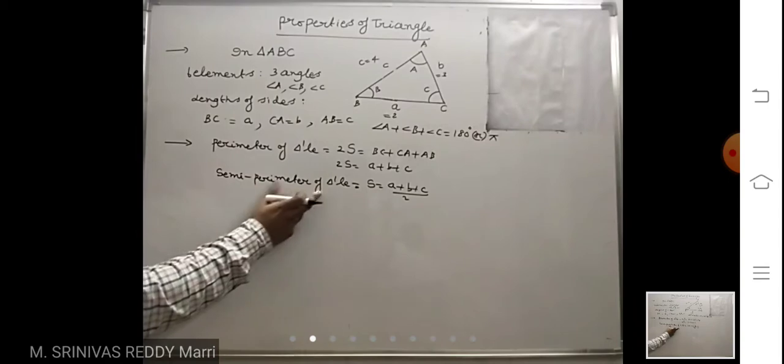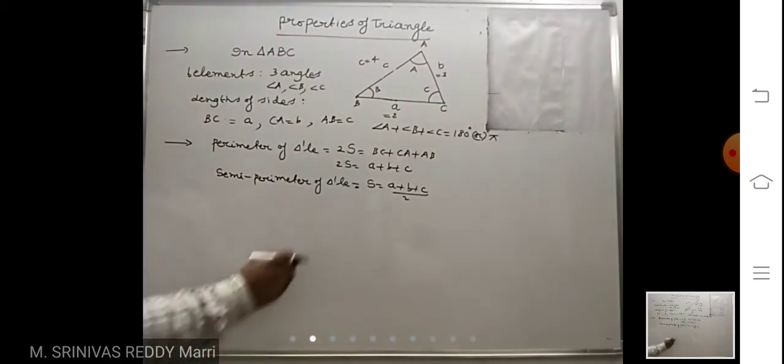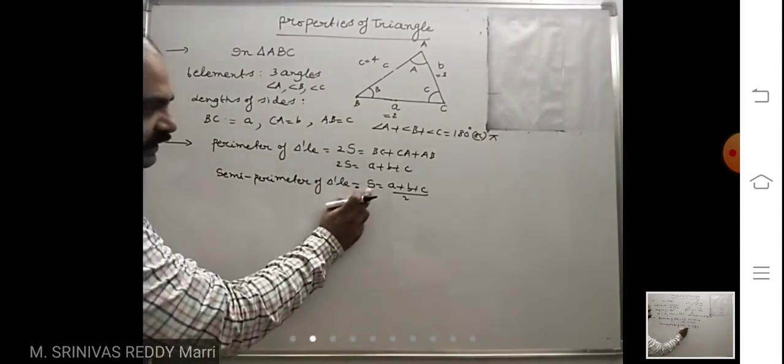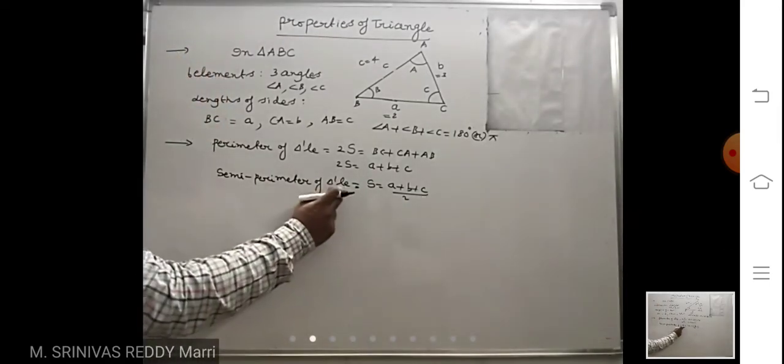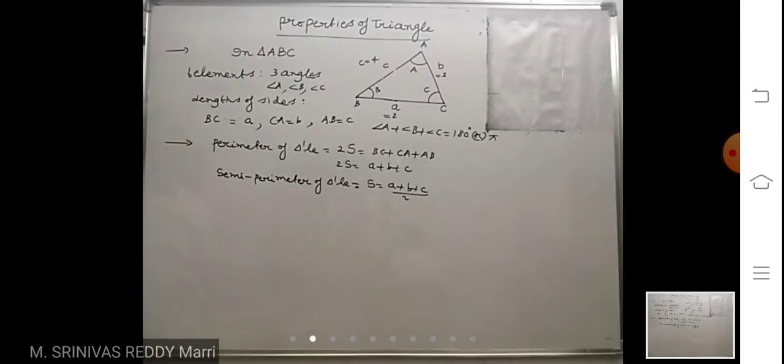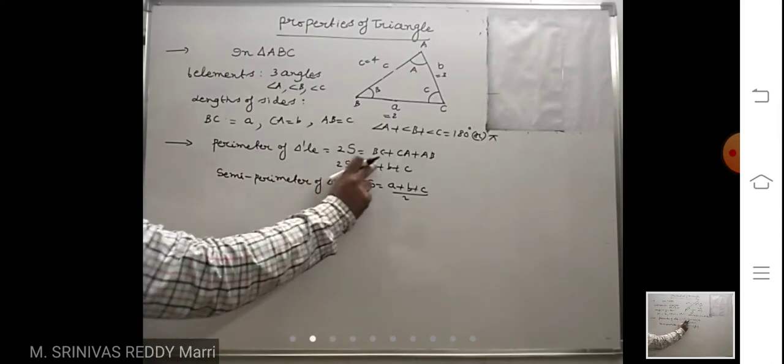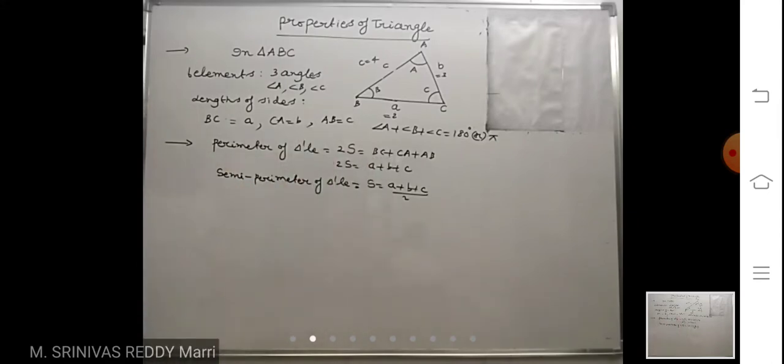Semi-perimeter means half the perimeter of the triangle. Whenever you get S, that means a plus b plus c by 2. This is called the semi-perimeter of the triangle. So 2S is called the perimeter of the triangle. This is the notation. Next.